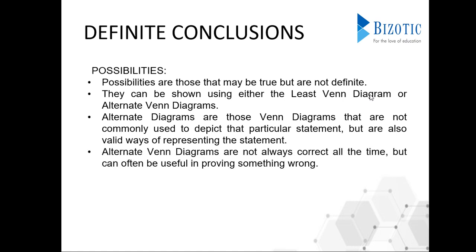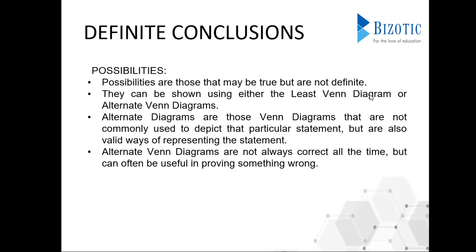Alternate Venn diagrams are not always correct, but can often be useful in proving something wrong. It cannot be correct all the time, but at least we can use these alternate Venn diagrams to prove something wrong, eliminate the options and get the right one.